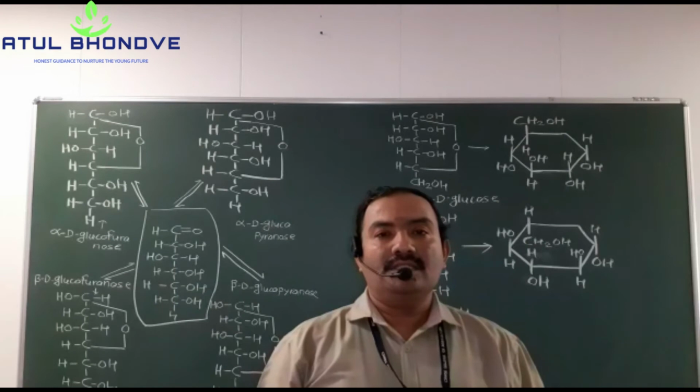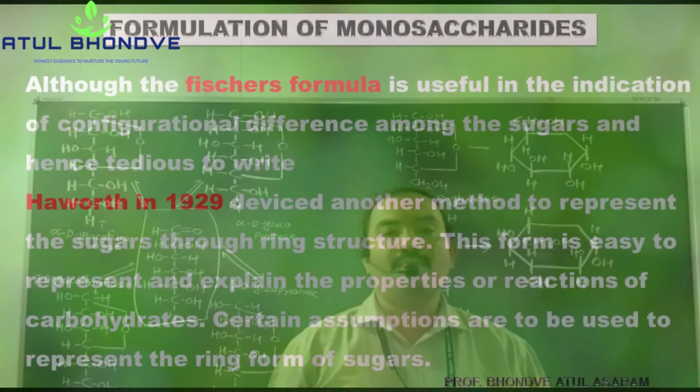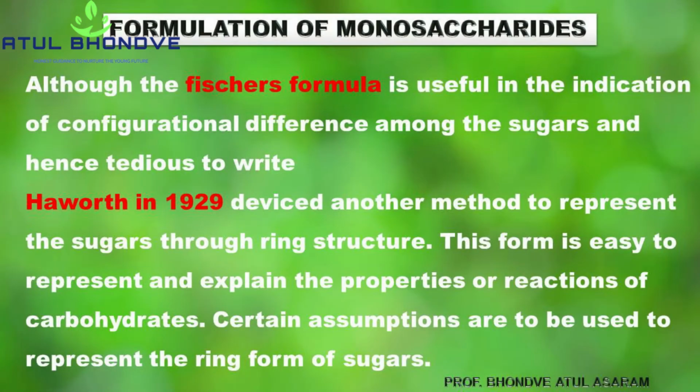Next, the simplified form of the carbohydrate glucose structure was represented by the scientist Haworth. Students, the glucose formula was given by Fittig-Baeyer and simplified by Emil Fischer, known as Fischer's projection formula.